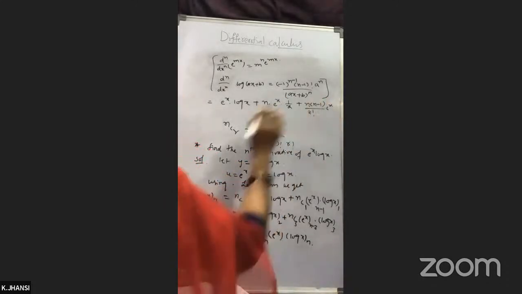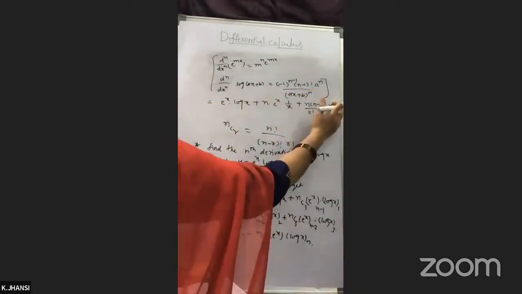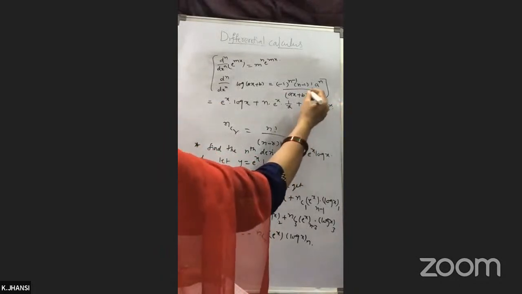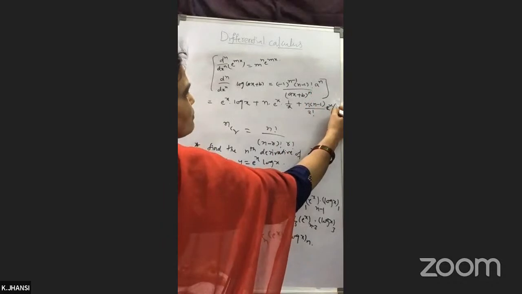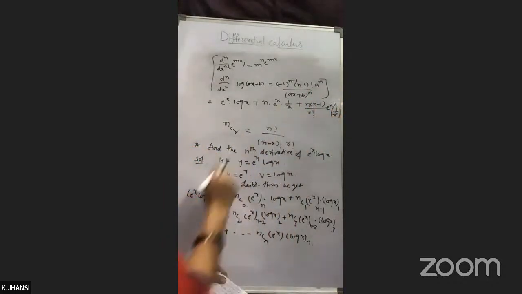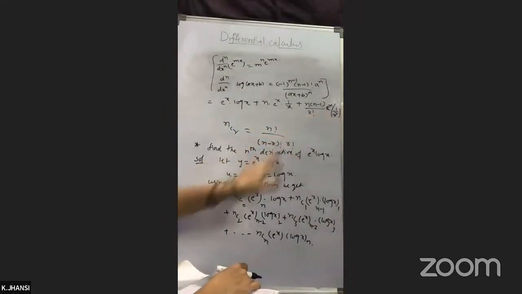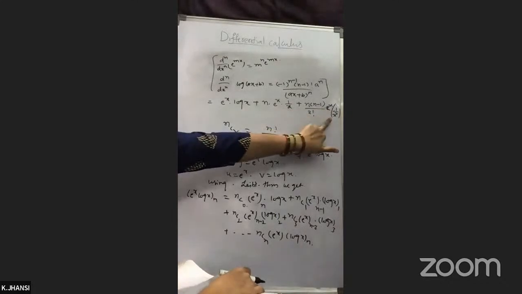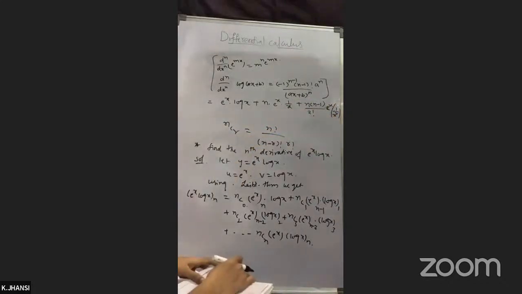So second order means this is e power x, and for this only you are able to see, this is minus 1 by x square. Here we got 1 by x, and 1 by x differentiation is minus 1 by x square. Last one, minus 1 by x square.